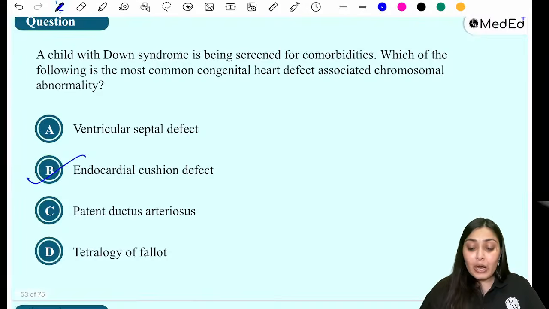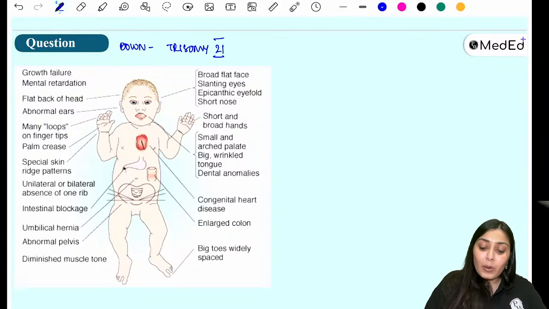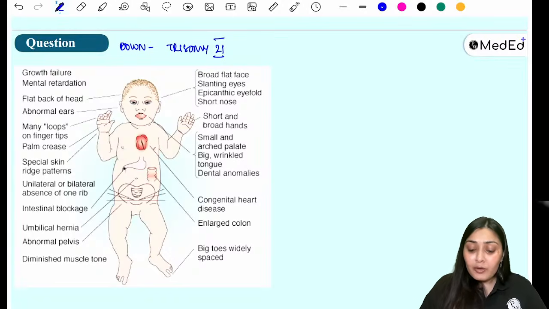Now let's revise Down syndrome. What is Down syndrome? Down syndrome is trisomy 21. That means I have an additional chromosome 21. What are the typical features? There is growth failure, mental retardation. We have typical faces. In that we have a broad flat face. There is slanting of the eyes, known as mongoloid slant, where the outer canthi are pointing upward.